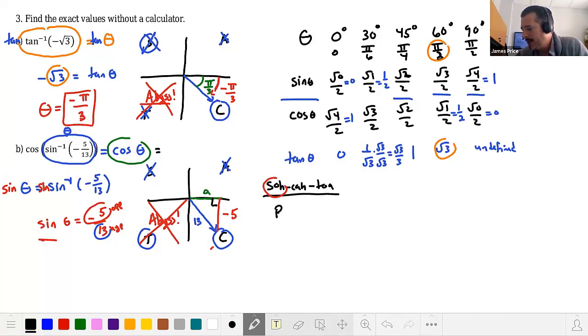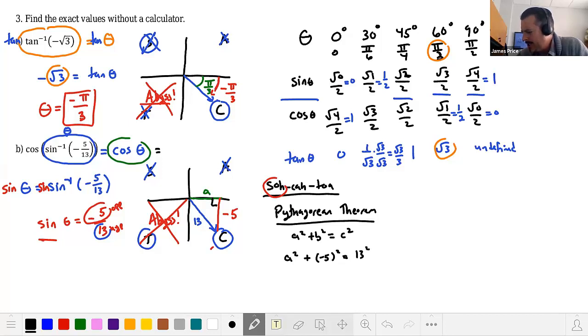The Pythagorean theorem tells me what? It tells me that a squared plus b squared is equal to c squared. I don't know what a is, so I just write down a. So a squared plus -5 squared is equal to 13 squared.